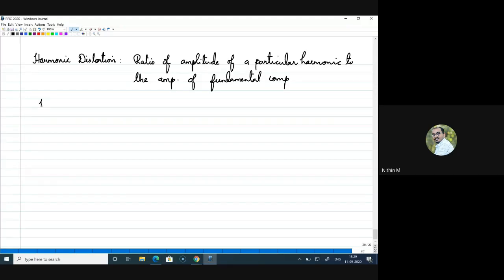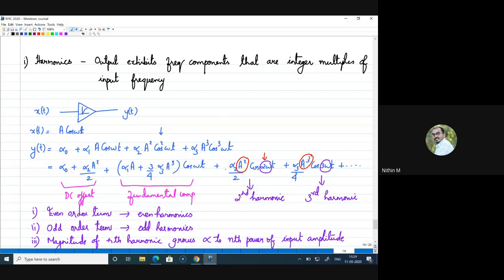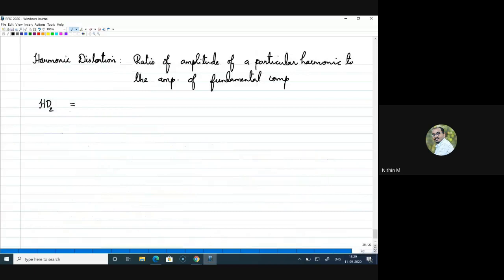That means if I want to write the harmonic distortion associated with the second harmonic, I will express it as HD2, and HD2 can be written as a ratio of the amplitude of that second harmonic. So what is the amplitude of the second harmonic? Alpha 2 a square by 2.